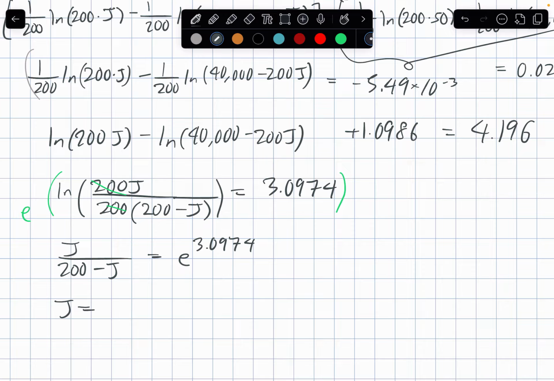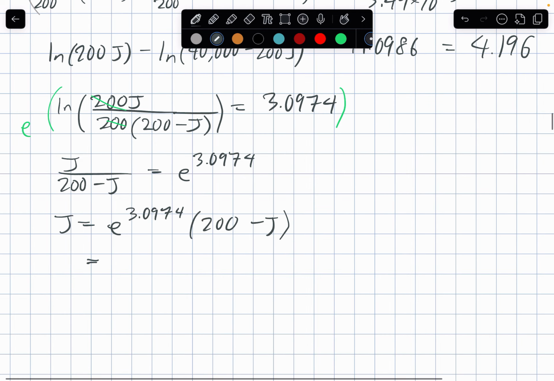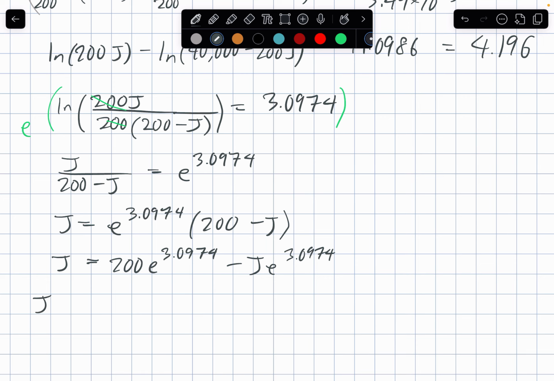Multiply both sides by 200 minus j. What we end up with is, well, distributive property, 200e raised to 3.0974 minus j e raised to 3.0974 equal to j plus j e raised to 3.0974 is equal to 200 e raised to 3.0974.